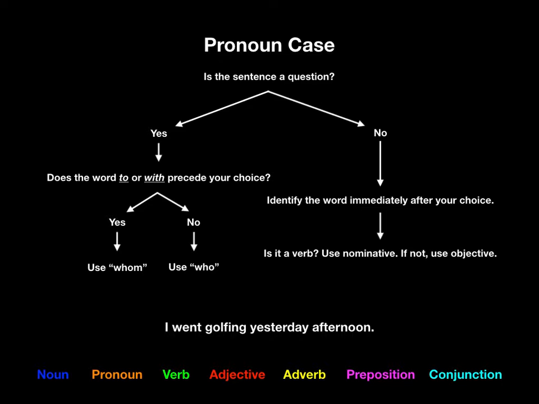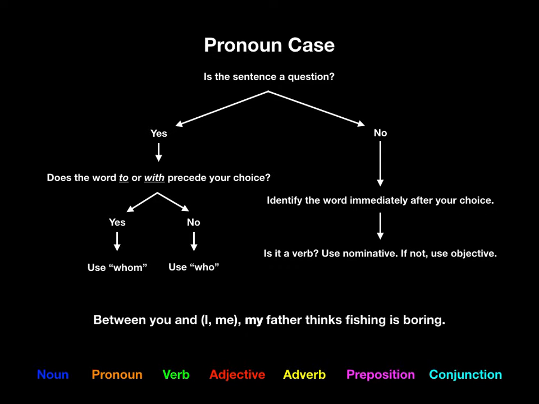Now let's take a look at the second example sentence we examined. Between you and I or me, my father thinks fishing is boring. As with the previous sentence, let's ask ourselves, is this a question? Since it is not a question, we then must identify the word immediately after our choice. Within this example, what is the word immediately after our choice?